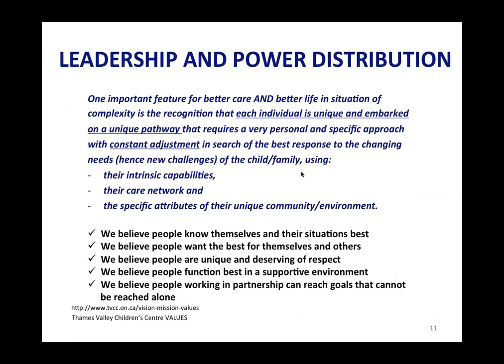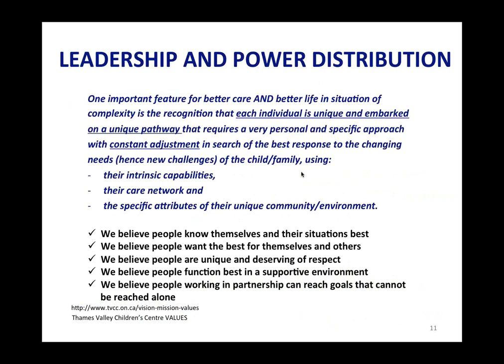So behind this slide is a kind of transition. Behind this model is the understanding that for this type of situations we describe with the two pictures, for improving care and improving life in situation of complexity, there is a recognition that each individual is unique and embarked on a unique pathway that requires a very personal and specific approach with constant adjustment in search of the best response to the changing needs, which is developing new challenges for the family and the youth.